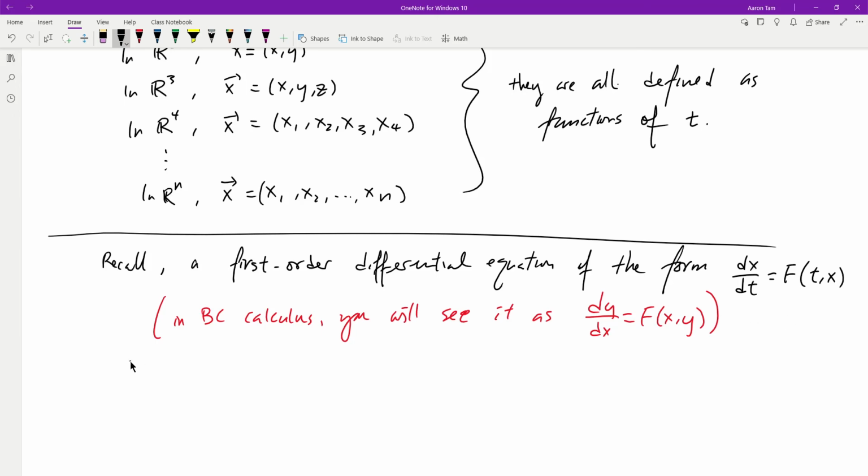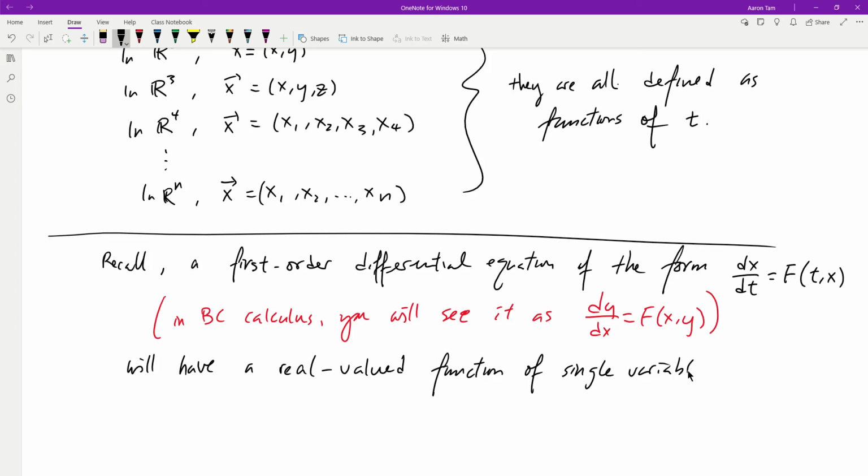We'll have a real valued function of a single variable as the solution. And of course, this solution will be x of t.